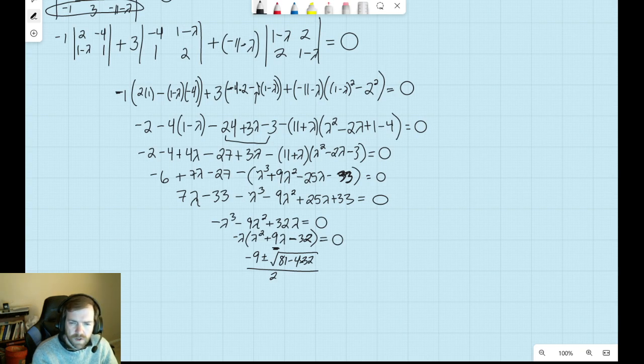That's a negative 32, multiplied by a negative 4, is going to get us positives in those places. 128 plus 81 should be 209. Ugh, I don't want to do it.